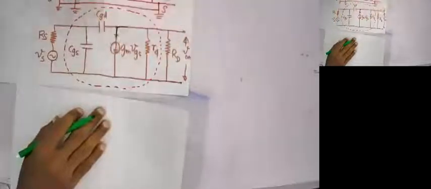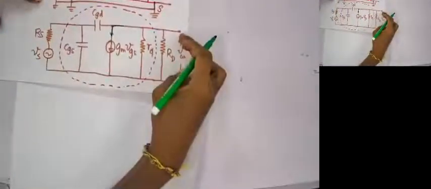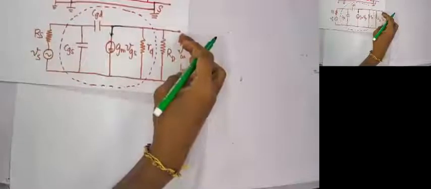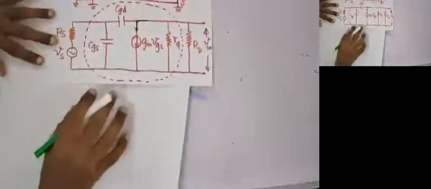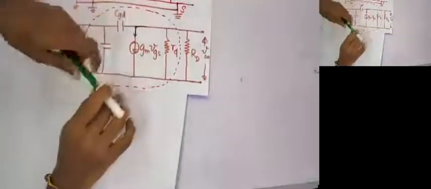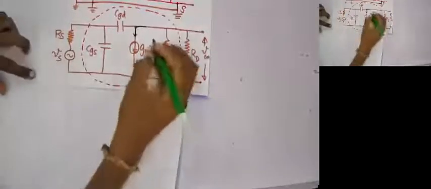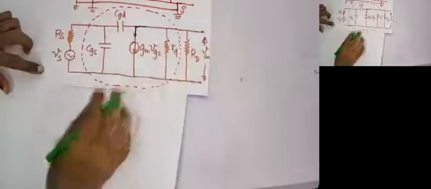So apply Miller's theorem. To calculate V out, we need the gain.